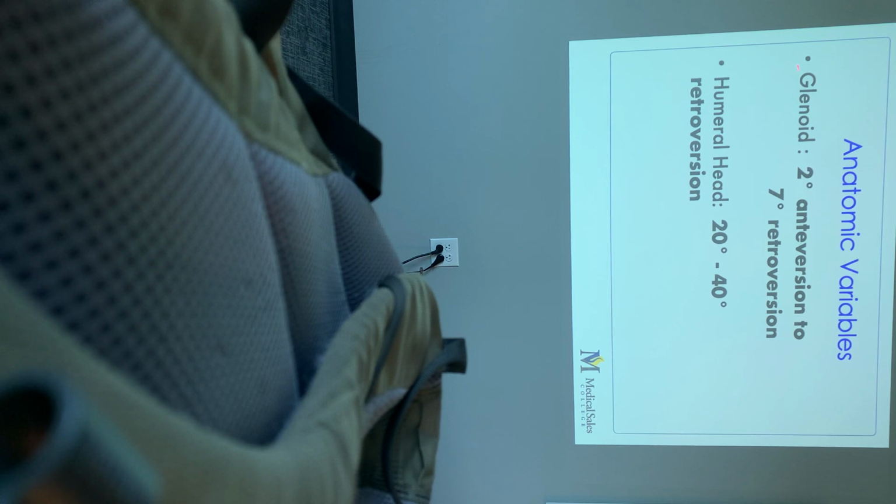The anteversion, retroversion, right? The humeral head. But generally, our retroversion is about 30 degrees. That's kind of where Dr. Hawkins and everybody else seem to want to put it. It might be a situation in the future that they're going to be able to dial in individuals' retroversion much better.